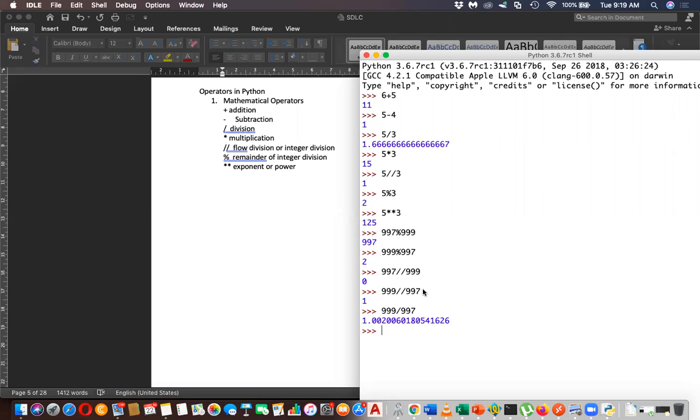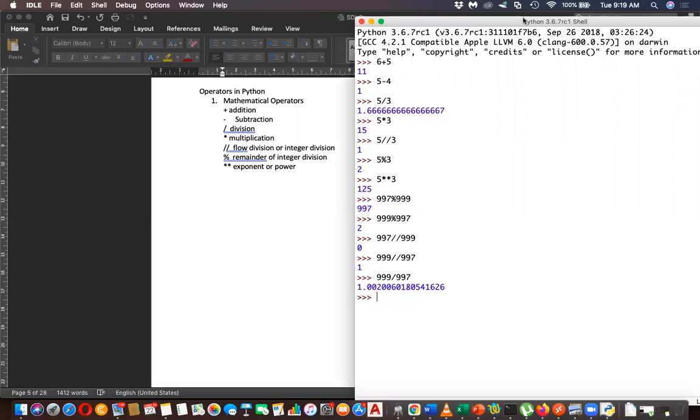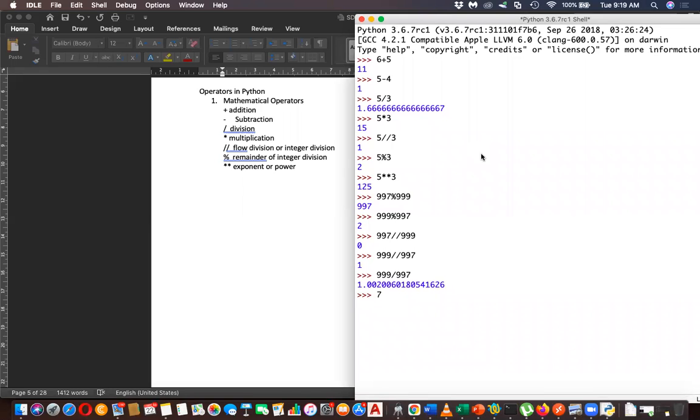Okay, so in addition to that, in the exam they will test these kinds of things. What about 6 divided by 3? It is 2.0. So you will get 2.0, that 0 part will come.